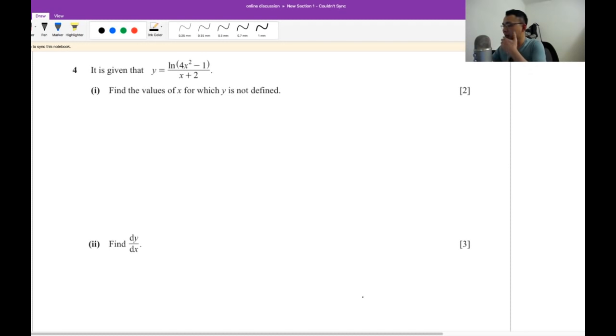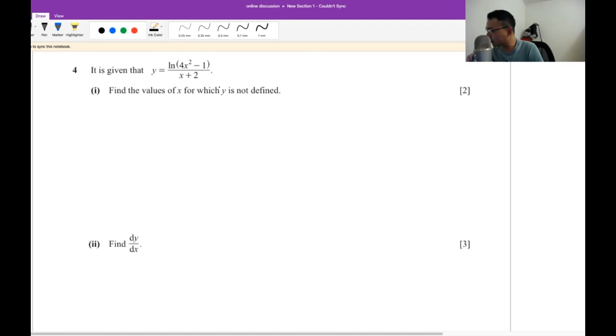Okay, it's given that y equals ln of 4x squared minus 1 over x plus 2. Find the values of x for which y is not defined. Alright, so when y is not defined, then x has to be equal to, find the value of x.